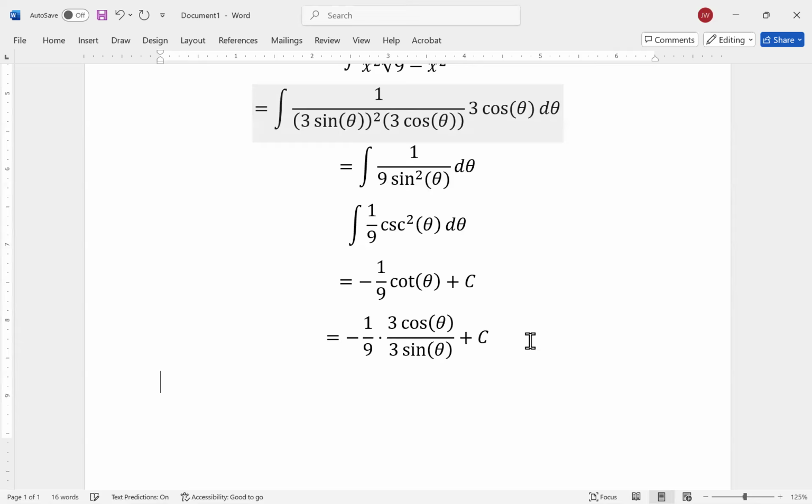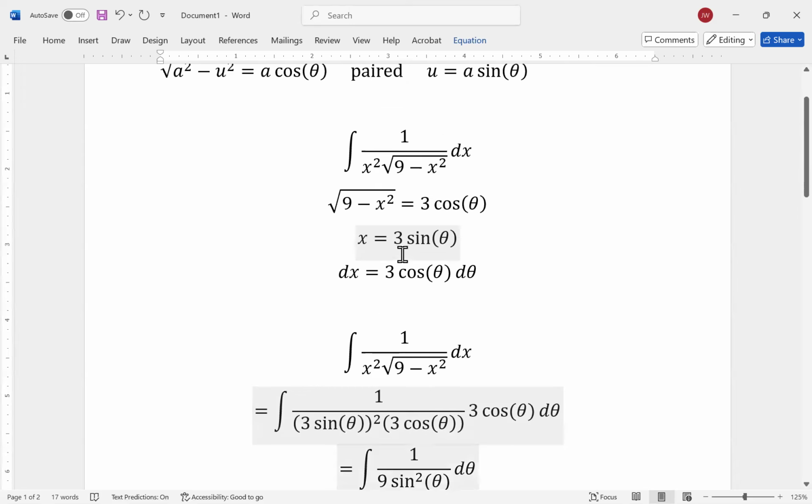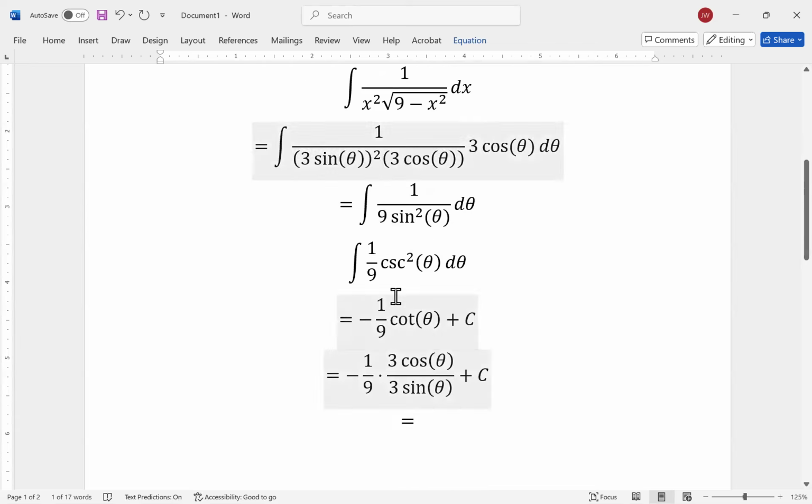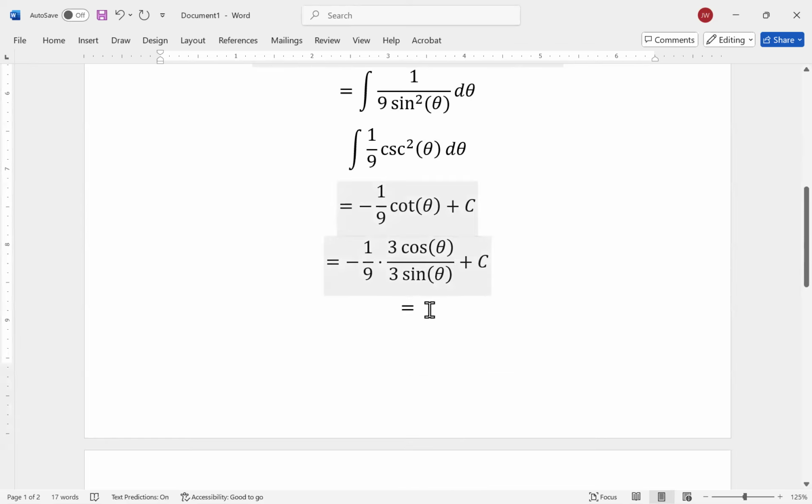And now I'm ready to do my back substitution. 3 cosine theta, that was my ugly square root. And then 3 sine theta was my x. So I get negative 1/9.